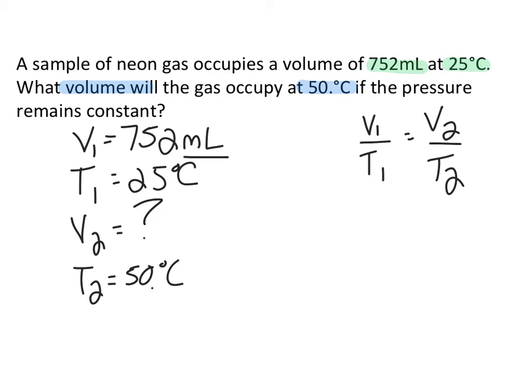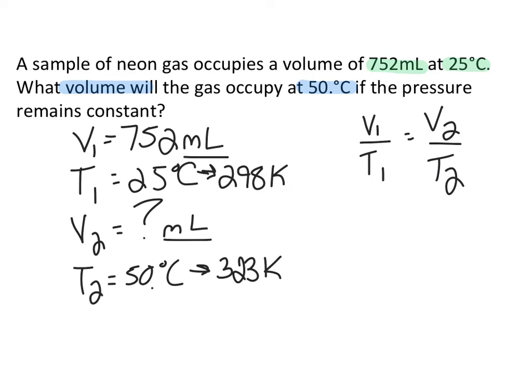My second volume, when I do the math, will come out in milliliters. My temperatures are in Celsius, which is not okay, so I have to convert to Kelvin. So to do that, I have to add 273, and that first one will become 298 Kelvin. And the second one would become 323 Kelvin after I add 273.